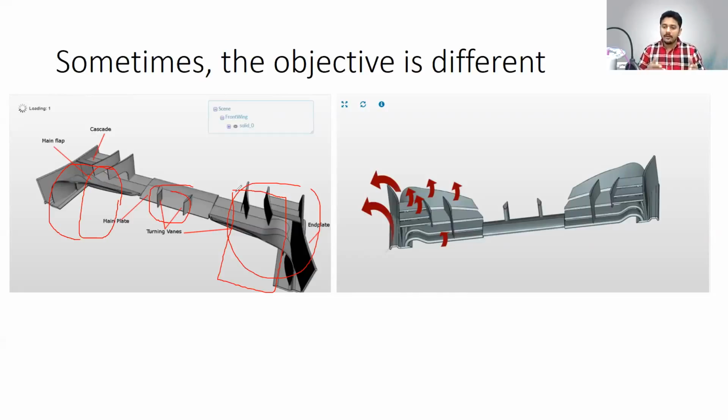Exactly. Negative lift, sure. But basically it's a force component acting towards the ground. How does this help? Well, if you're turning in sharp corners or turning in corners at a very high speed, it helps you keep grounded, right? So based upon whatever you're trying to achieve, your objectives will change.